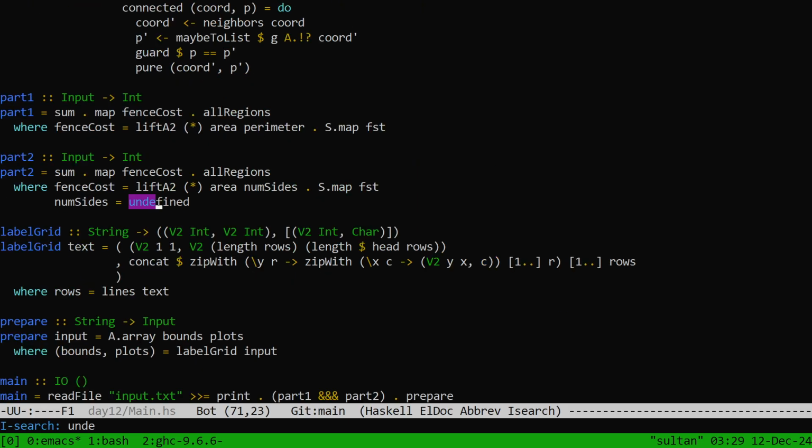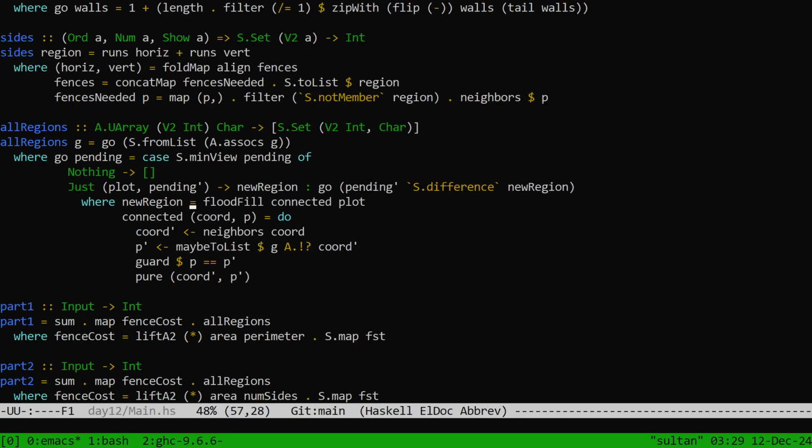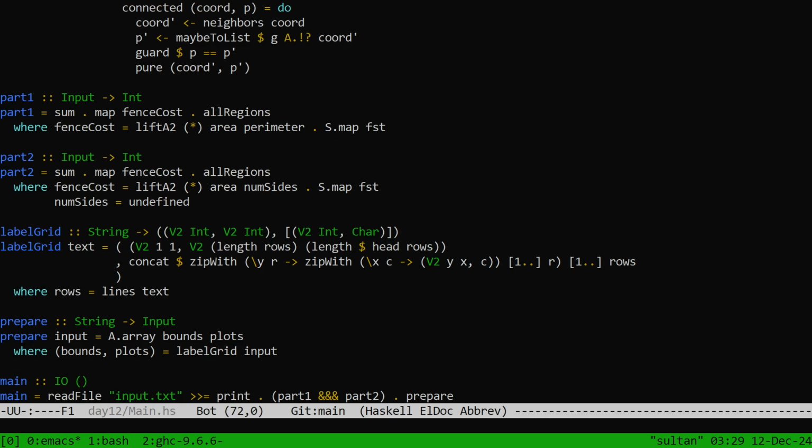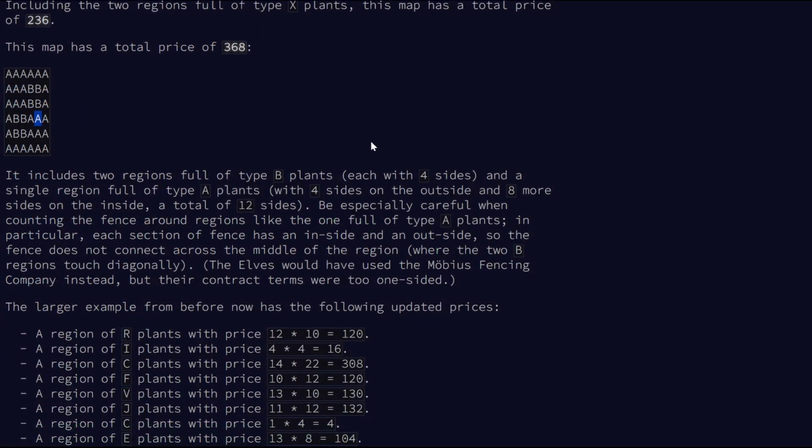Undefined. Yep, I never defined num sides. But I think that is just sides now, right? Is that what I'm supposed to do? I'm supposed to multiply these two things?